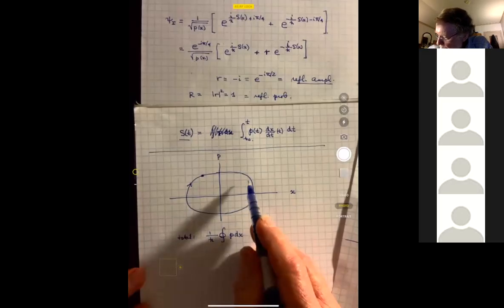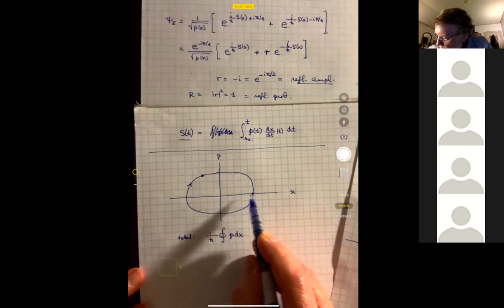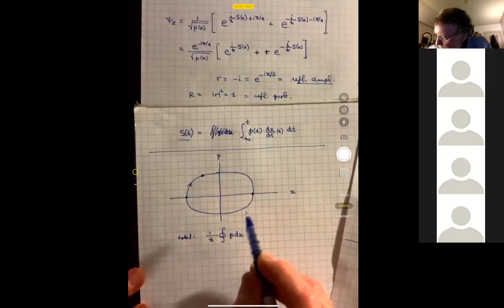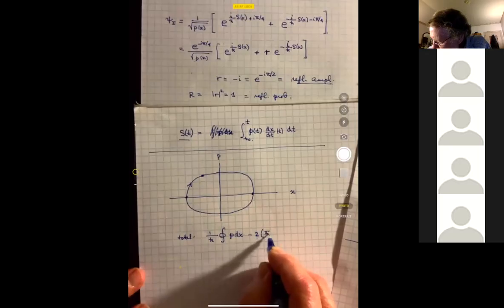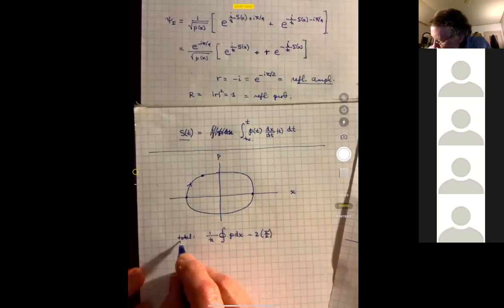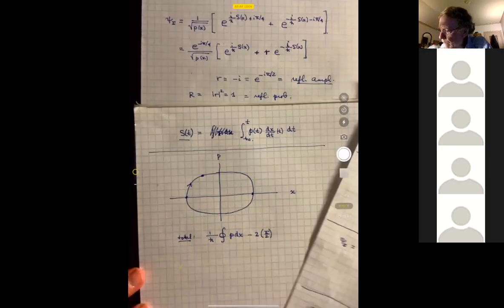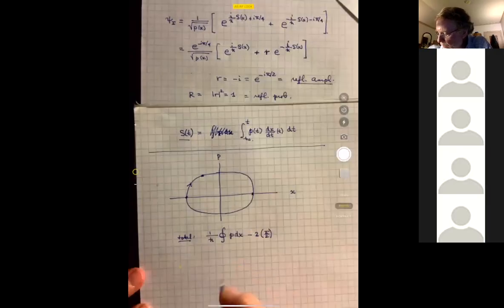However, the particle also passed through 2 turning points, one on the left and one on the right, each of which gave an additional phase shift of minus pi/2. So there's a factor of 2 times minus pi/2 in the total phase on going around the orbit. This is an intuitive picture, but it accurately describes what's happening here.